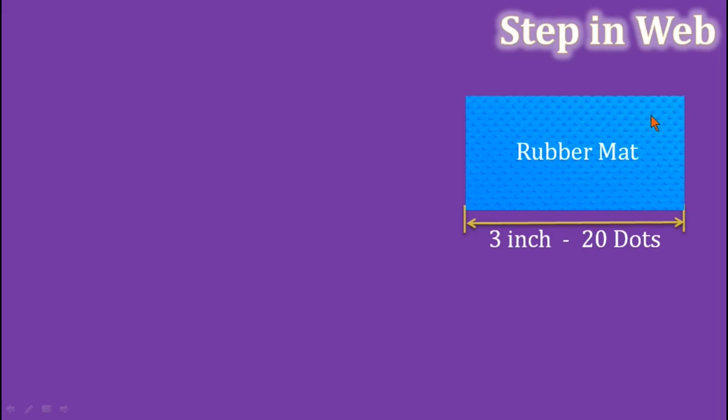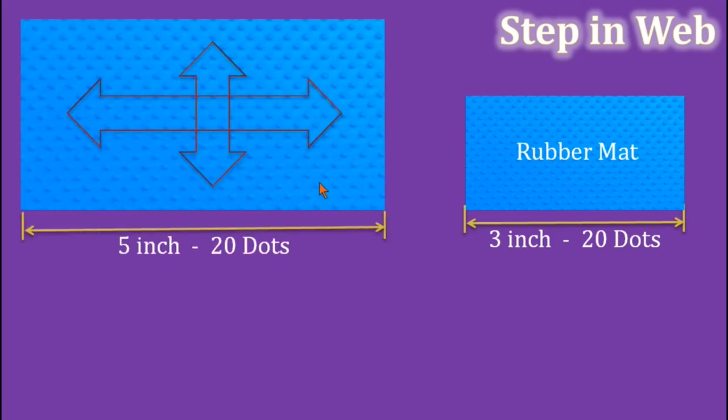You can imagine this dot as a pixel. Then you stretch that rubber mat in both directions, width as well as length. The rubber mat is stretched width-wise to 5 inches, but the number of dots will remain the same because it is rubber, it is elongated. The number of dots along the width will be 20 dots only.